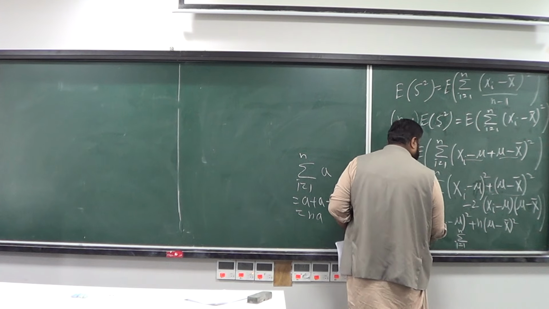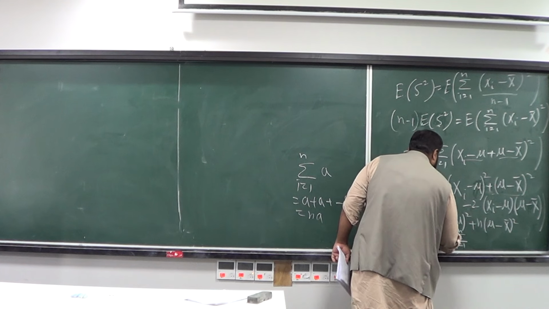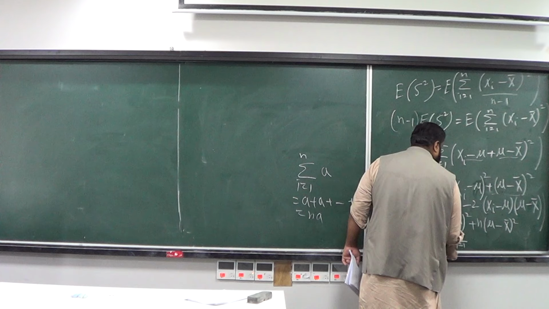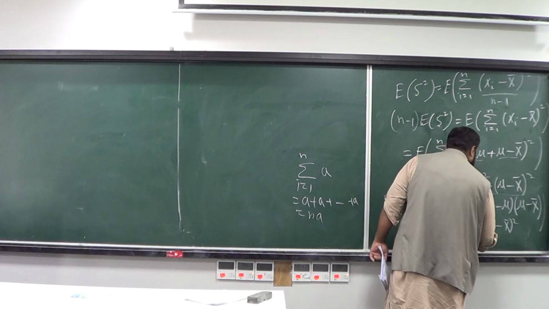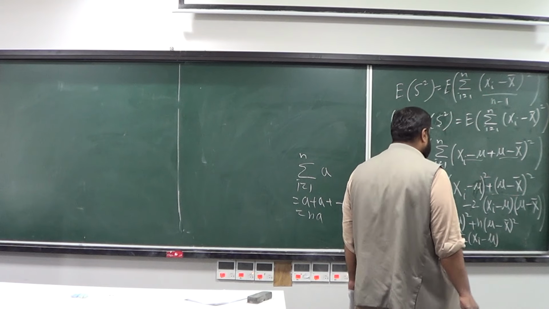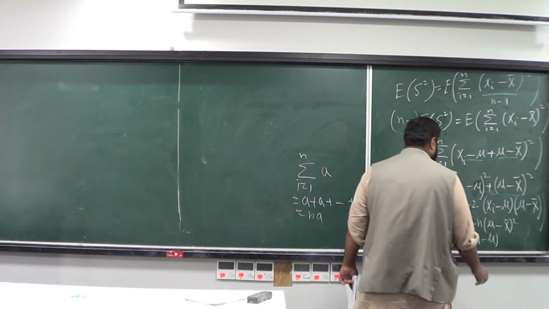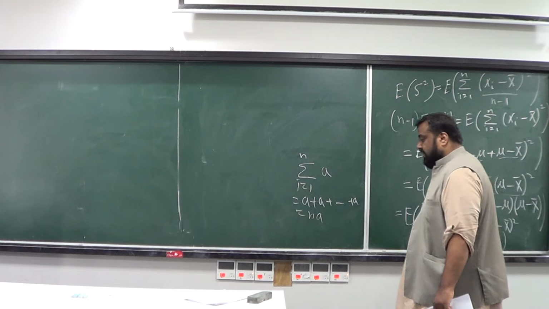So taking that sum and pulling this 2 times (mu minus x bar) out, what you're going to get is the sum of (xi minus mu). So this is what you're going to get.